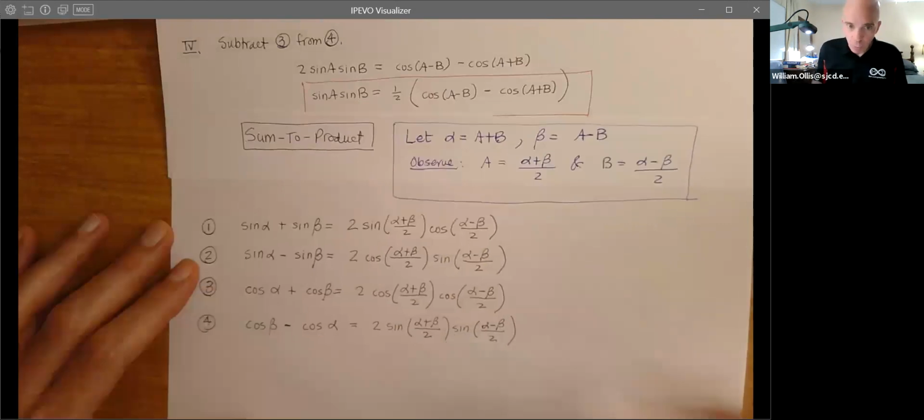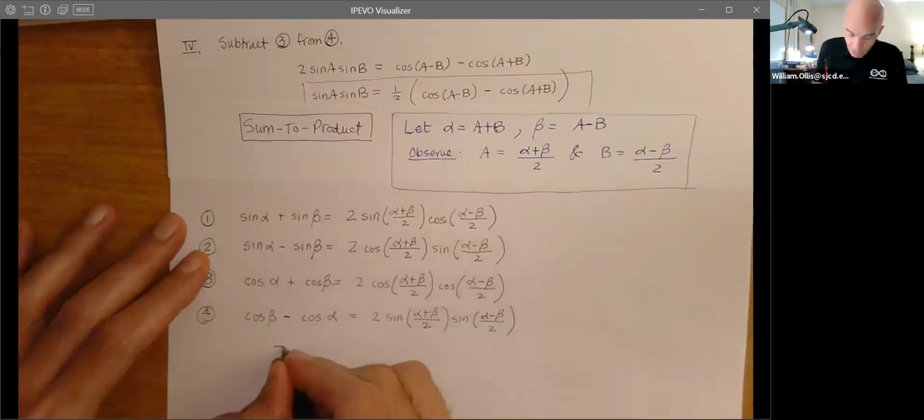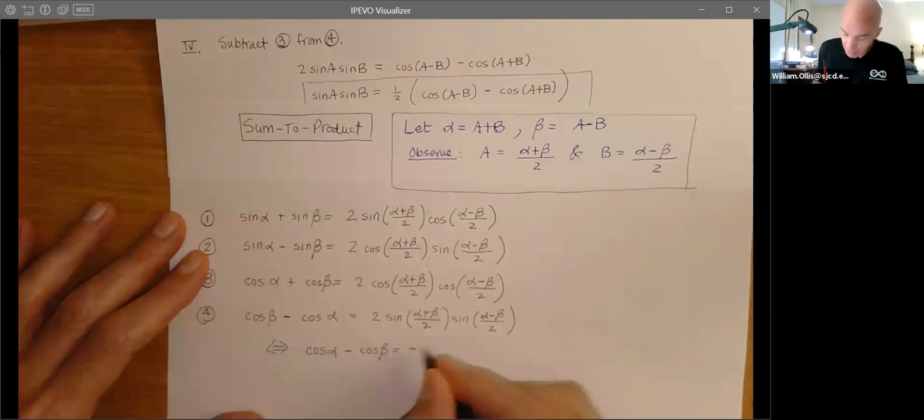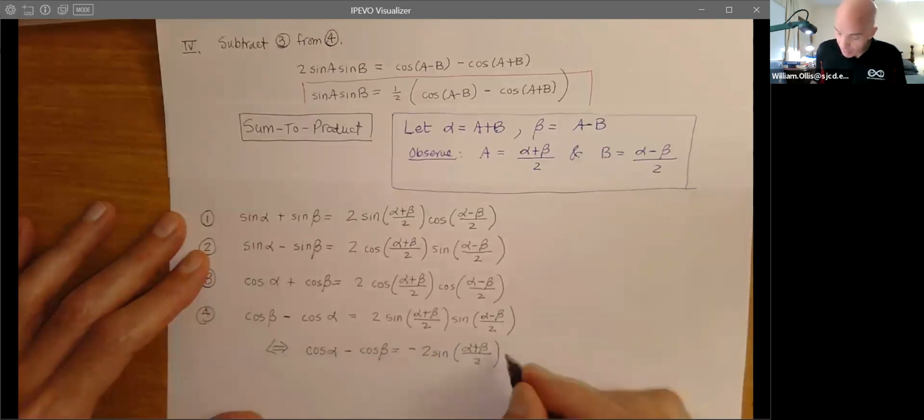So I'm going to write equivalently: cosine alpha minus cosine beta equals the negative of 2 sine alpha plus beta over 2, sine alpha minus beta over 2.